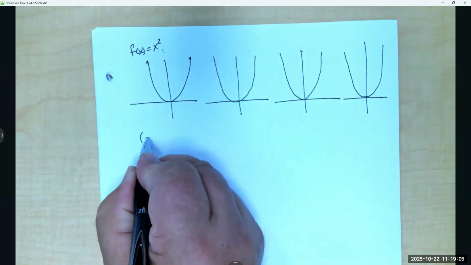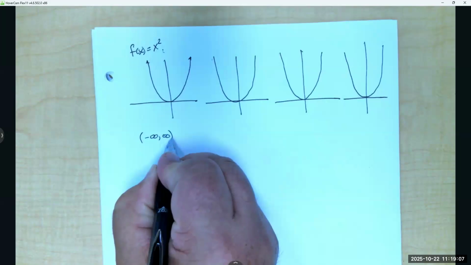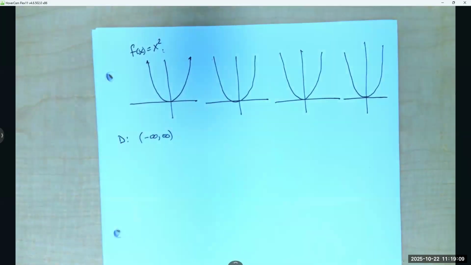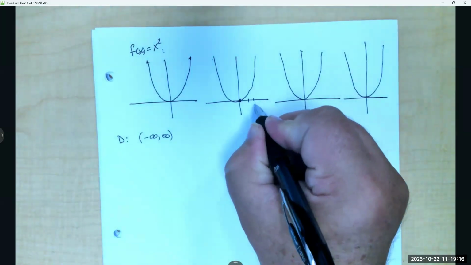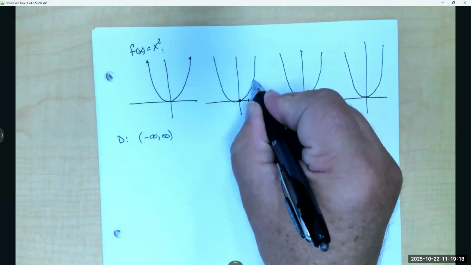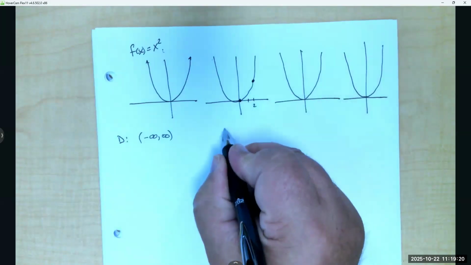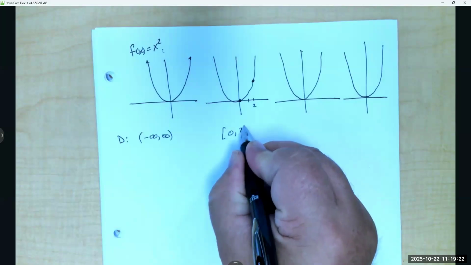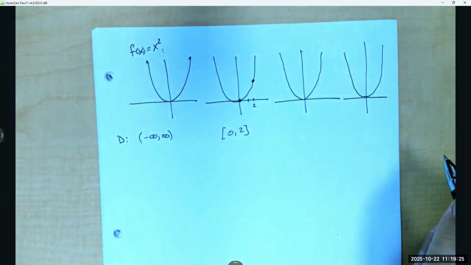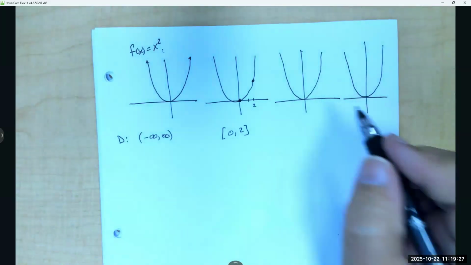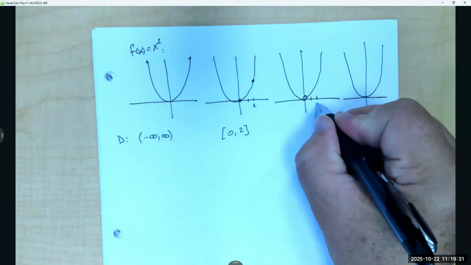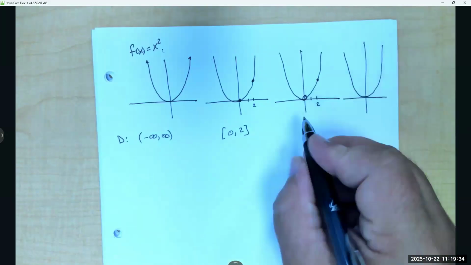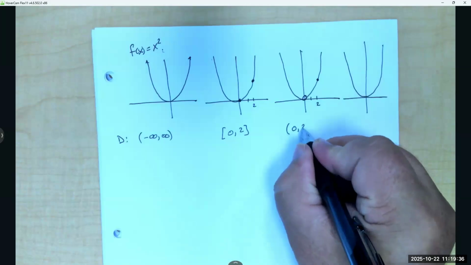So in the first one, this is our domain. Our domain here is between 0 and 2. Our domain here is between 0 and 2.